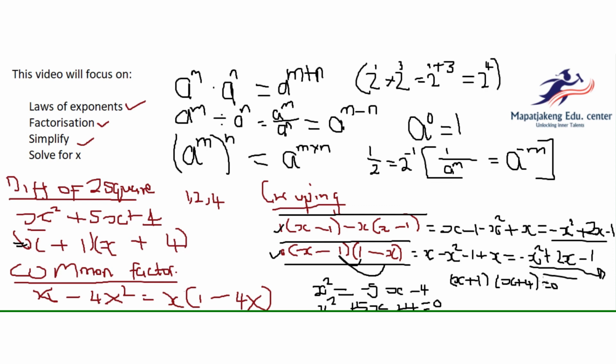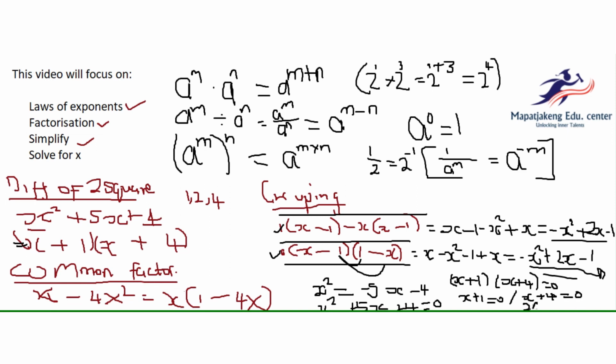From here, we can say for this equation to be 0, this bracket must be 0 or the other bracket must be 0. Then we end up with x plus 1 equals 0, or x plus 4 must equal 0, because when multiplying any number by 0 it becomes 0.